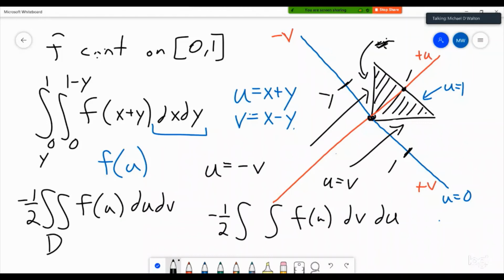And so that tells us that we can say, well, v is going to go from, so let's solve this one, so this is v equals -u. V is going to go from -u to +u, and then u is going to go from 0 to 1. Does that make sense?